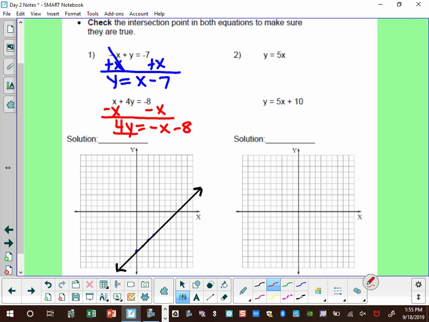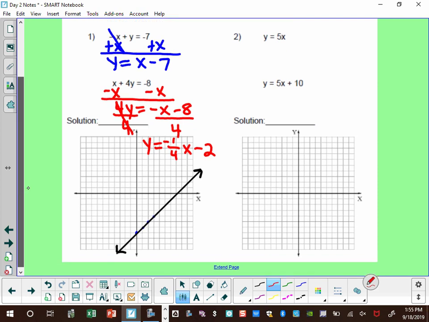We're left with y equals negative 1/4 x minus 2. I just split these up into two different pieces. Negative x divided by 4 is negative 1/4 x, and negative 8 divided by 4 gives me negative 2.